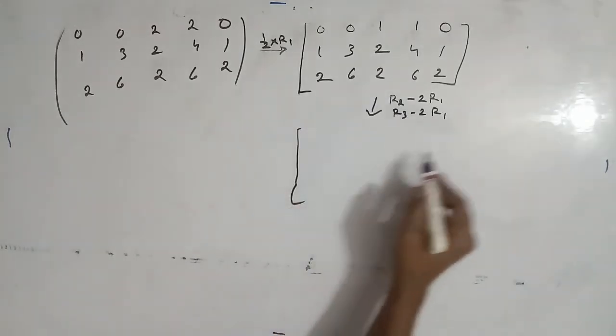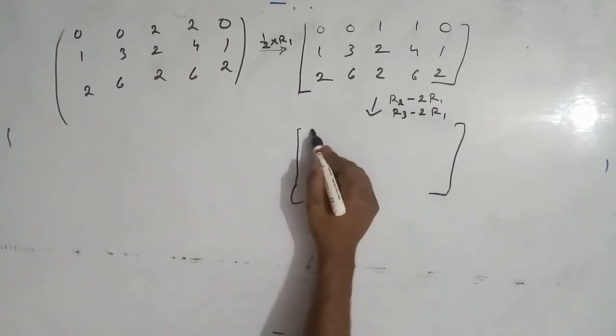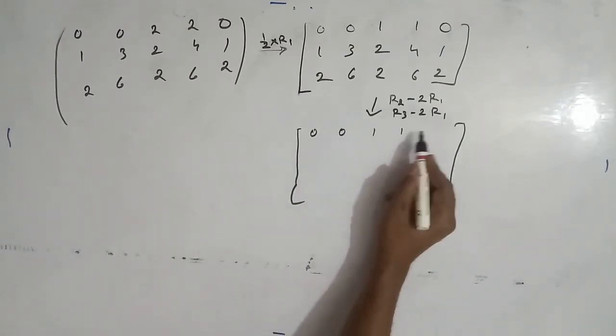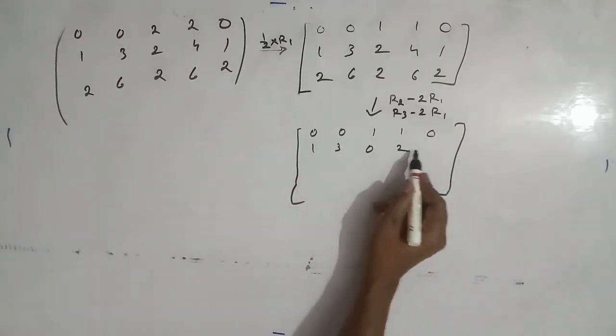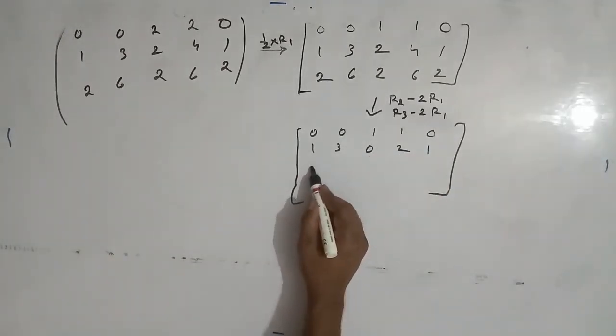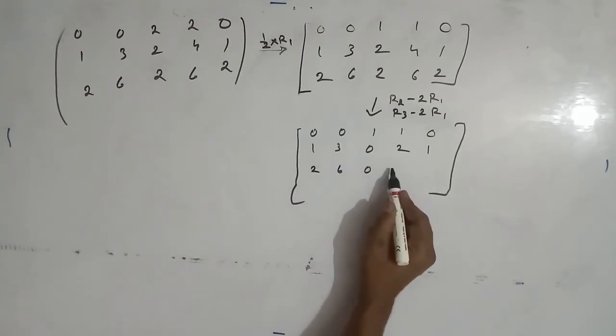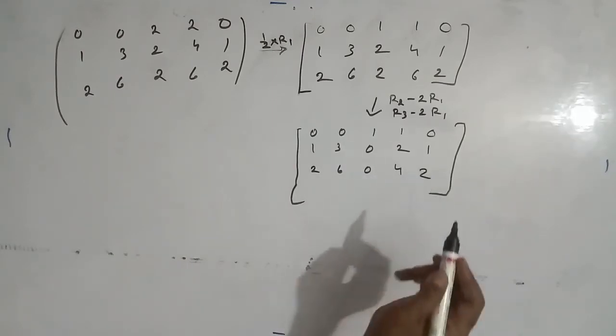So the result will be 0 0 1 1 0, 1 3 0, 4 minus 2 is 2, 1, 2 6 0, 6 minus 2 is 4, 2.